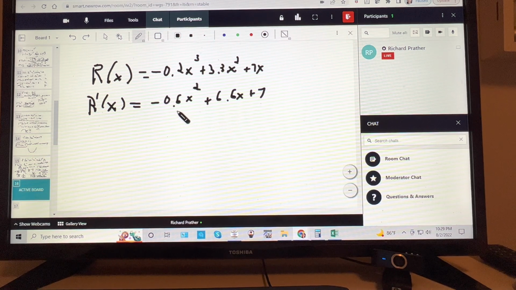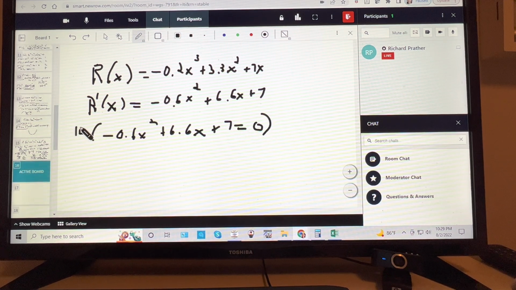Here's a trick. Since there's 1 decimal place on each of these, after you set this equal to 0, you can multiply everything by 10 and it'll get rid of the decimals.